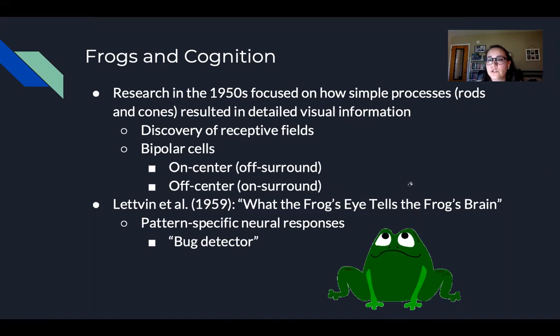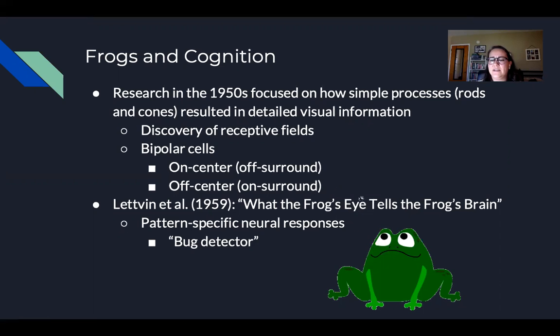So in the 1950s, there were some researchers who began to investigate exactly how these sensory cells in our retinas process visual information. The basic driving question they had was, how do these light-dark detectors, rods, and color detectors, cones, how do these really basic, simplistic processes lead to the eventual generation of the detailed visual information that we can pick up on?